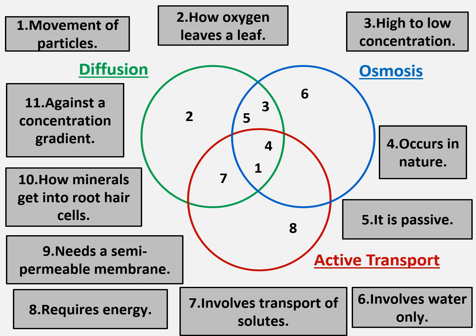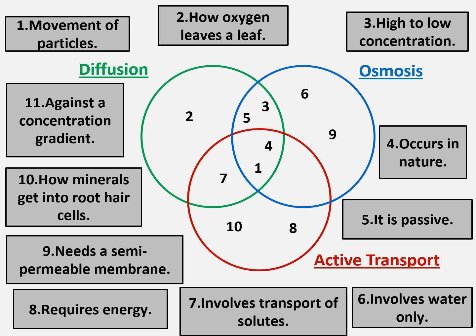Okay, active transport requires energy. It's active. And if you remember, it requires that energy because it's going against the concentration gradient. Like, what about a semi-permeable membrane, like a cell membrane? Well, number 9 needs to go into osmosis. It's a special case of diffusion involving only water crossing a semi-permeable membrane.